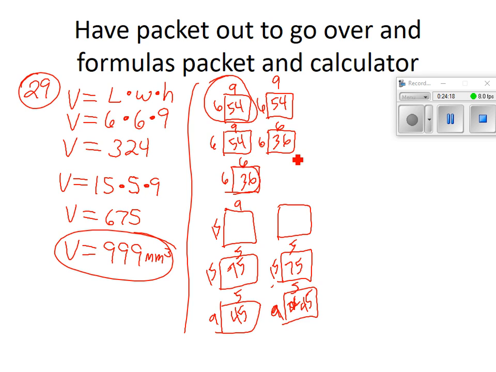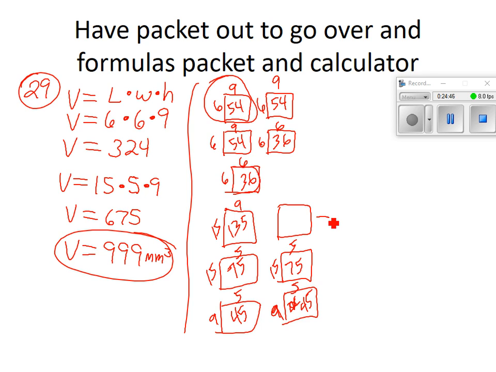15 times 2 is 30. And 15 times 9? 135. Now, on the top, do we want the whole 135 on the top part? Part of it is covered up, right? The way we get this other one is we subtract off what I circled up here, because that was the bottom of this top shape.